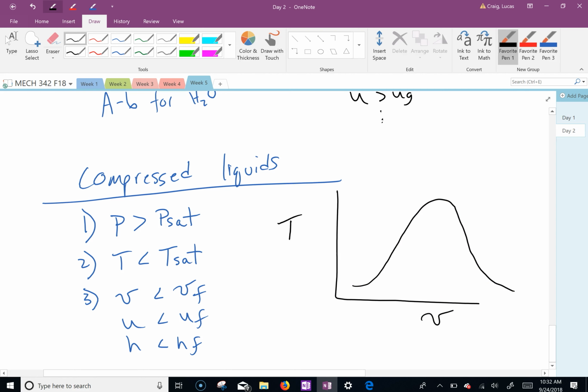So you kind of know that's the vapor dome for TV. And let's pick, we're on this red line here. These are at a given temperature, at a given pressure. I'll erase that, put that a little closer. And let's draw another line here.